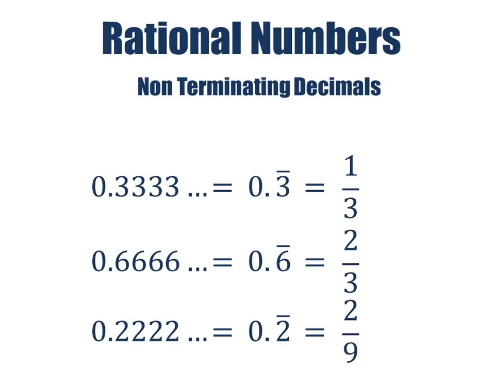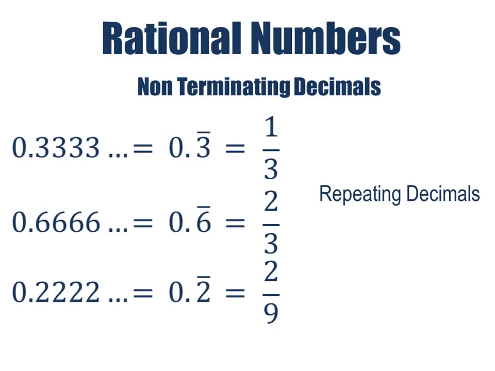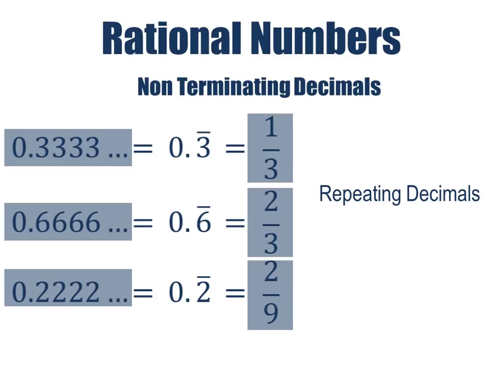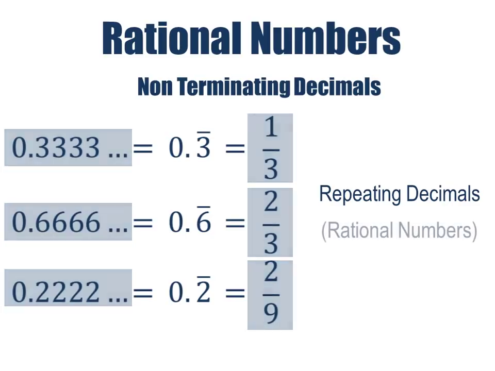There are a lot more such sort of decimals. Those do not end and the same number is repeated forever. These decimals are known as repeating decimals. Since repeating decimals can be expressed in form of fraction of two integers, so all non-terminating repeating decimals are rational numbers.